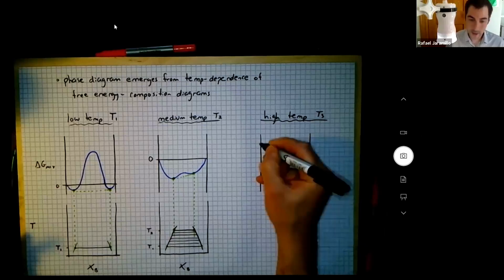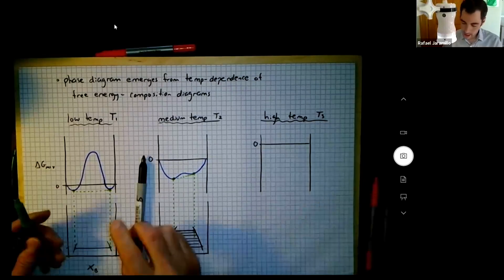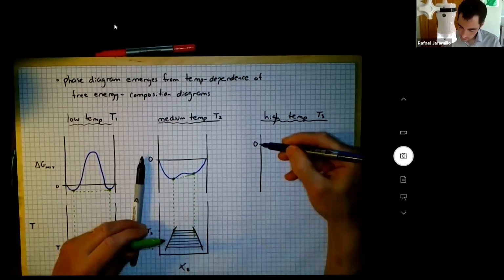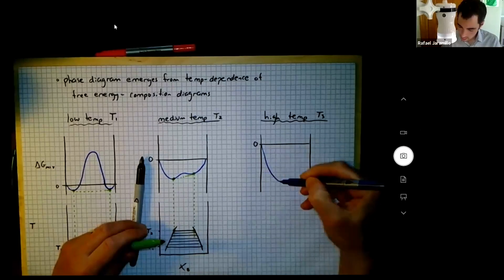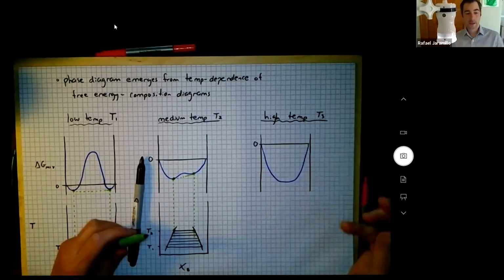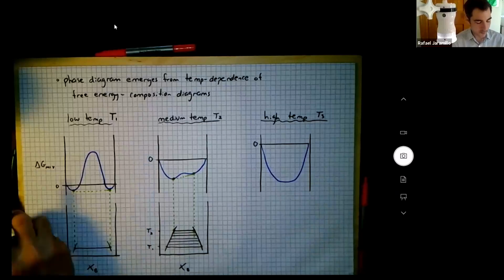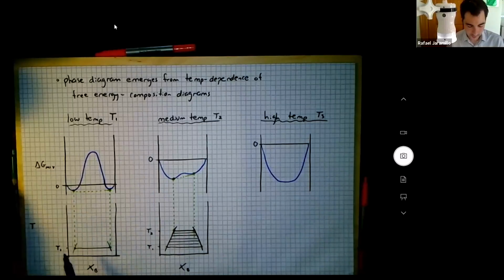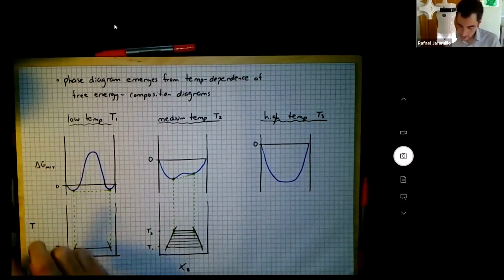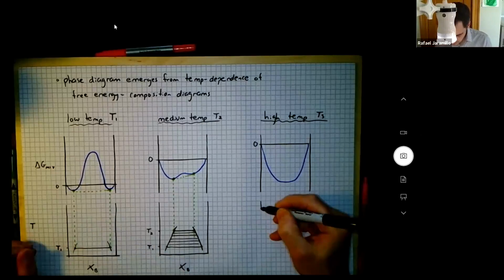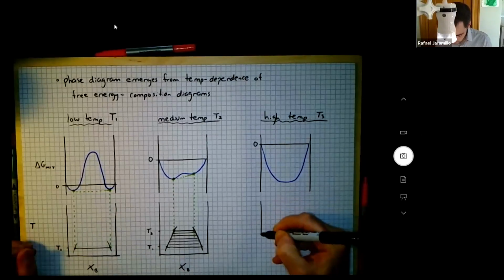So I'm going to draw the 0 way up there. And I can say my solution model might look like that. So no common tangents, no inflection points, strictly positive curvature throughout. And so that section of my phase diagram will show full miscibility.